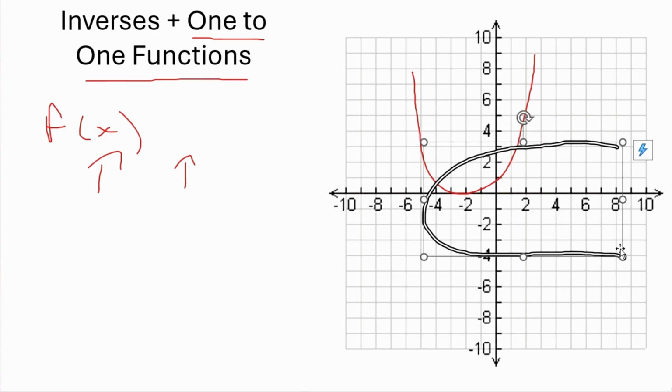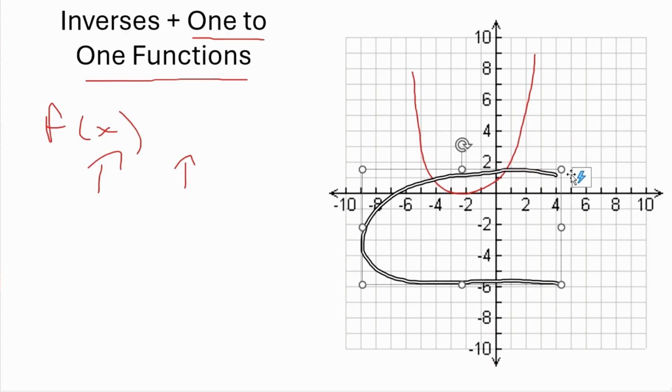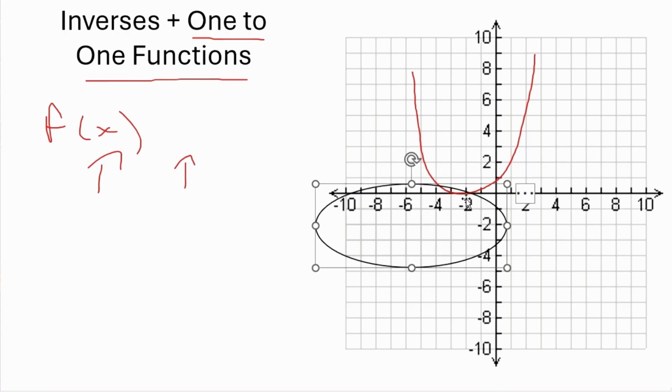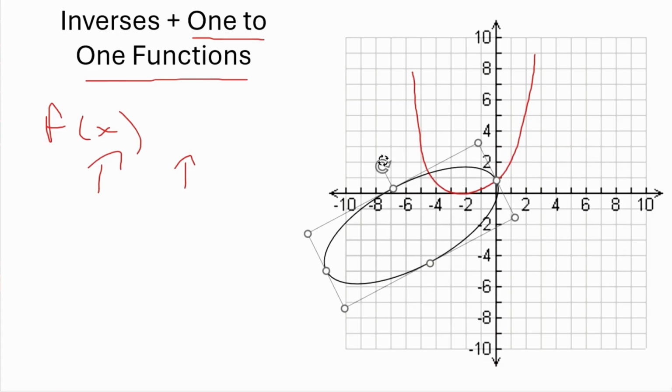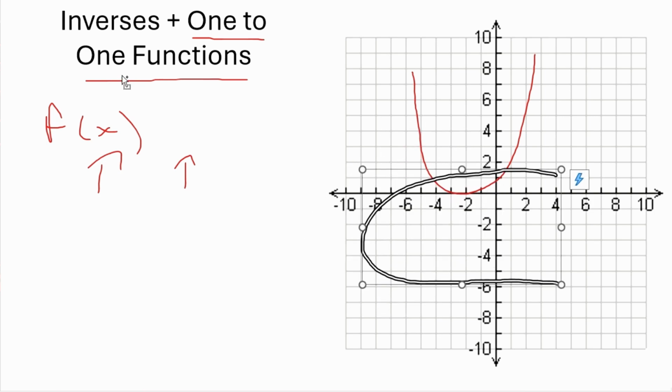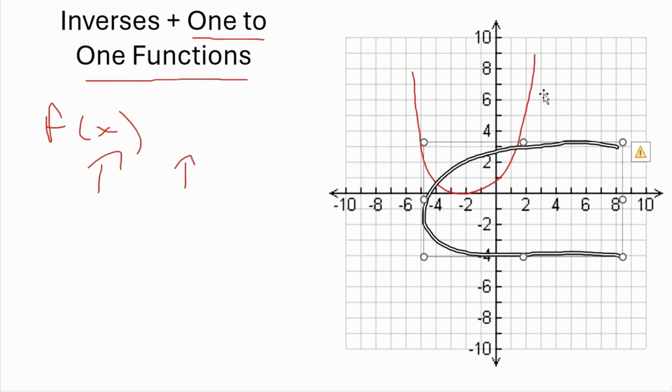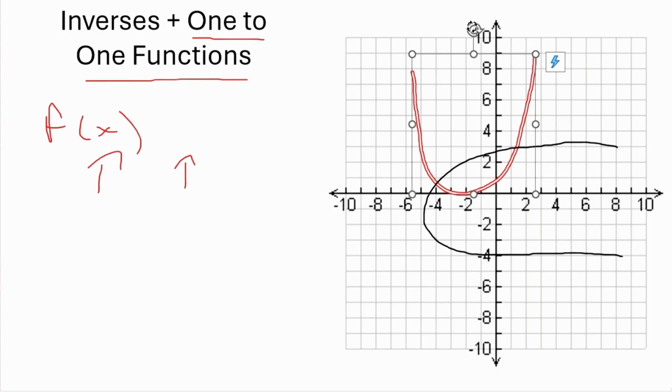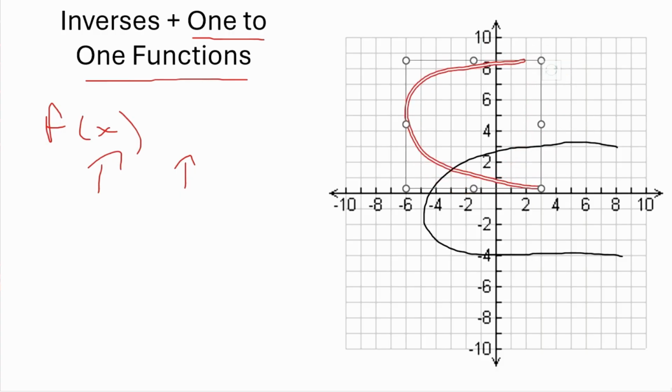If you flip it, it turns into a sideways parabola, like this turned 90 degrees. That's its inverse. If I do a vertical line test now, it doesn't work, right?